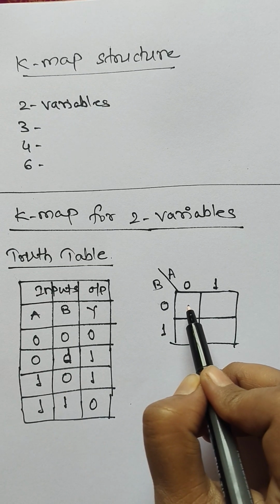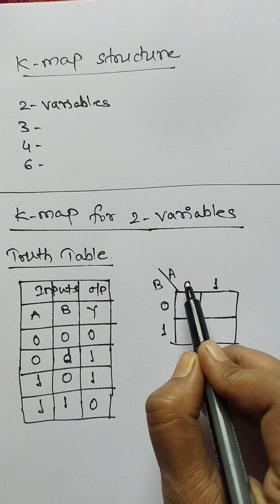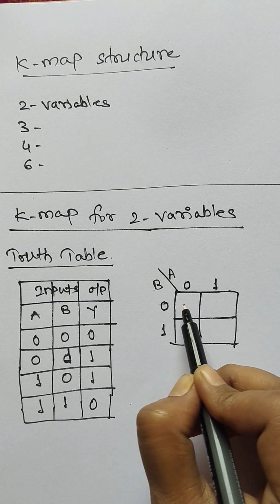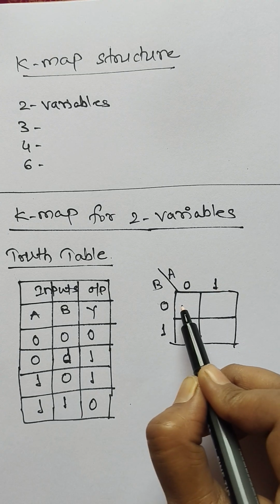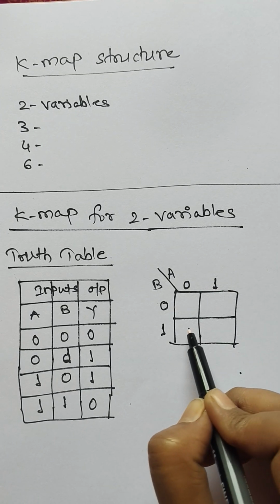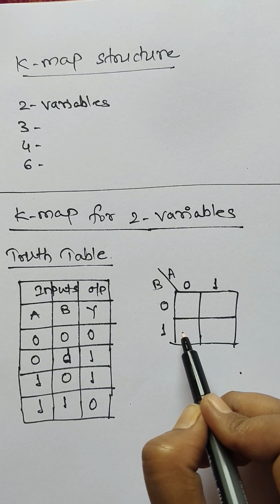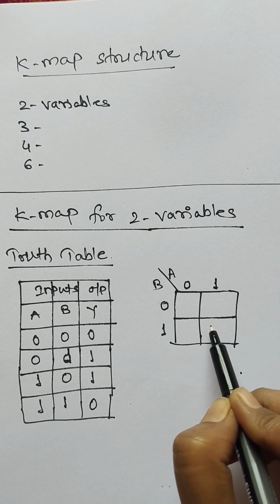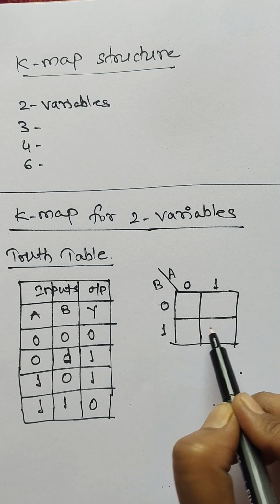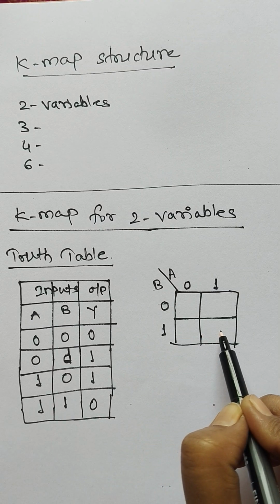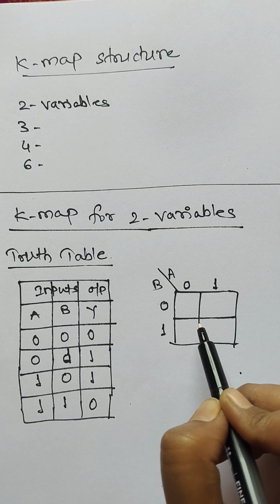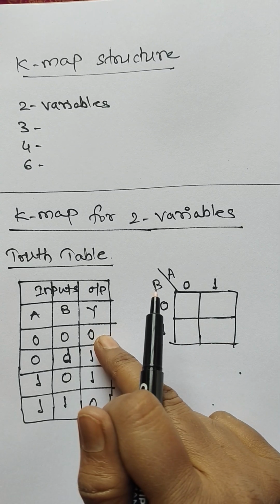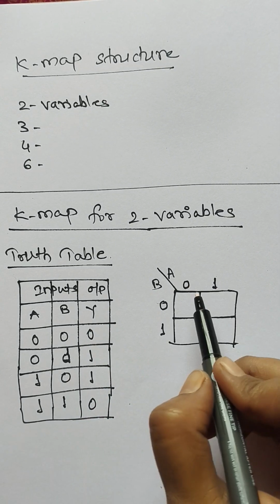For this box the value of A is 0 and the value of B is also 0. For this box the value of A is 1, value of B is 0. For this box A is 0, B is 1. And for this box A is 1, B is 1. What needs to be written inside each box is the value of Y. So see how to write it.